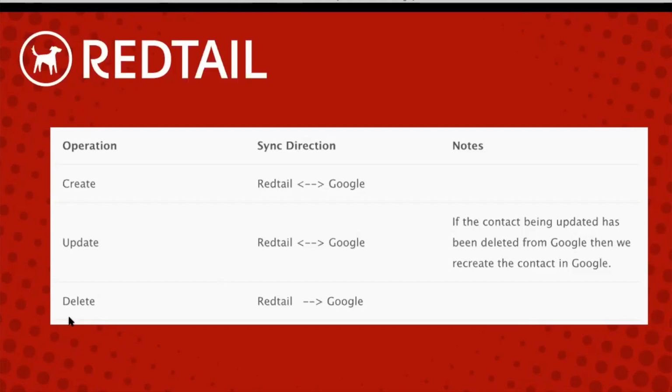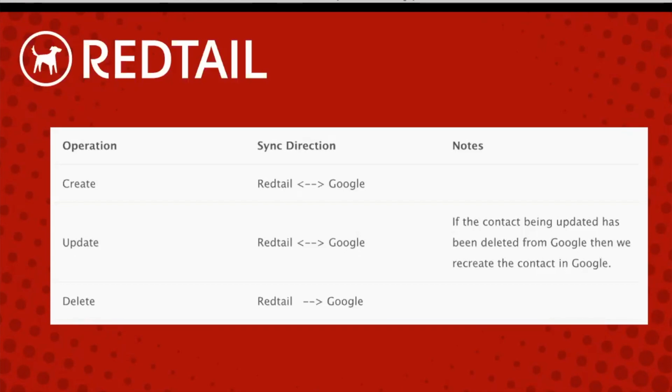So that brings us to the last note here, where if the operation is deleting, it has to be deleted from Redtail. So when it comes to this sync, one program ultimately has to be in charge so that there's not a confusion between the programs that could create a bunch of duplication.